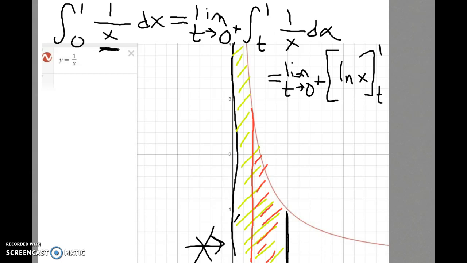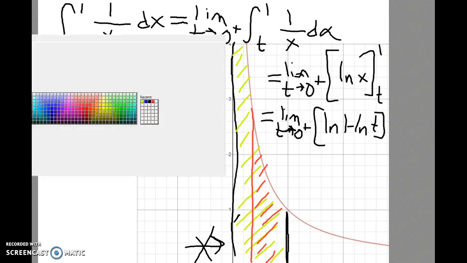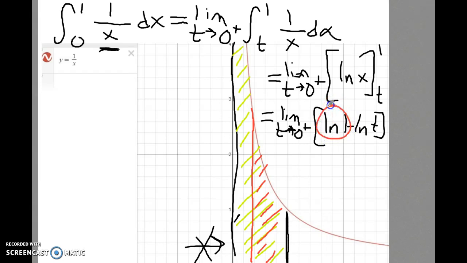Okay, so now plug in the limits of integration. I'm going to leave the limit outside for now, but I'll say something about that in a second. That's a limit as t approaches 0 from the right. Natural log of 1 minus natural log of the lower limit, which is t. Whenever you're plugging in a finite number, like we are there with the natural log of 1, that's always going to give us a finite number, in this case 0.